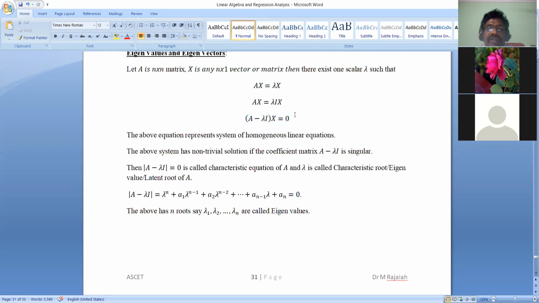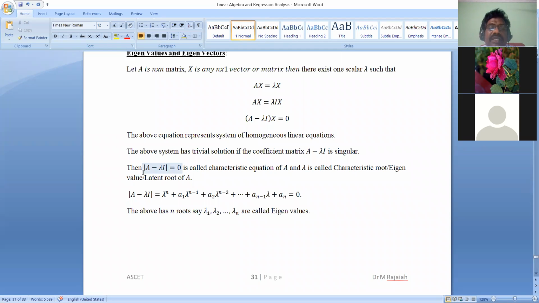The trivial solution means all zeros is the solution of the given equation. For a non-trivial solution, the coefficient matrix A minus lambda I must be a singular matrix, which happens whenever the determinant of that matrix is equal to 0.